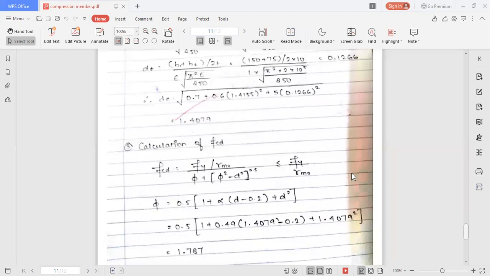As we are considering class C each and every time, you have to take the value of alpha as 0.49. You already got the value of lambda e as 1.4079. Substitute that value and calculate the value for phi. After completing the phi calculations, let me know.